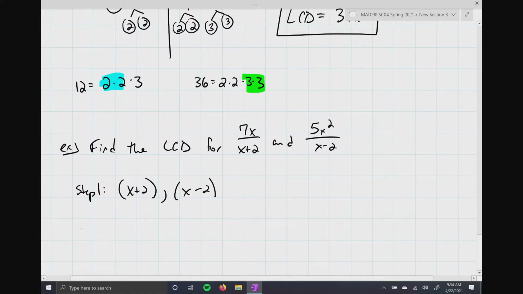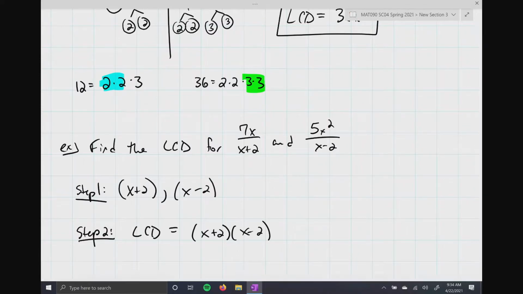Step 2, we need to write the multiplication of the unique factors raised to the highest exponent. So my LCD is going to be the product of x plus 2 times x minus 2. And notice in step 1, I only wrote x plus 2 down once, and I only wrote x minus 2 down once.